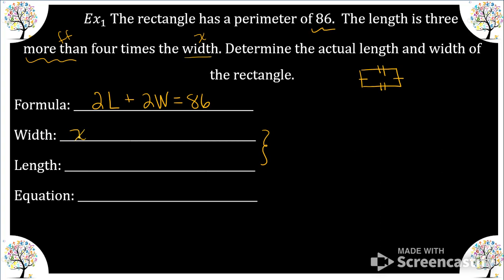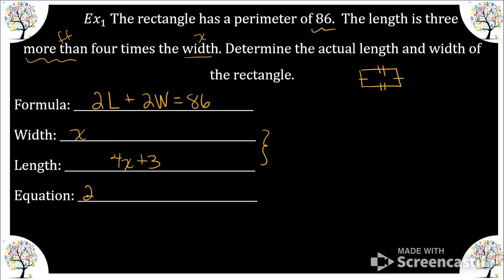Now let's take this x to create our length expression. The length is 3 more than, so the plus 3 goes to the back, 4 times the width, which is x, so 4x. We have our formula, we have our elements, and now we're going to plug in the elements into the formula to create the equation.